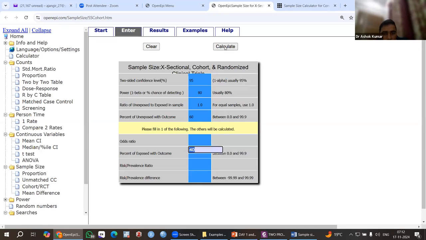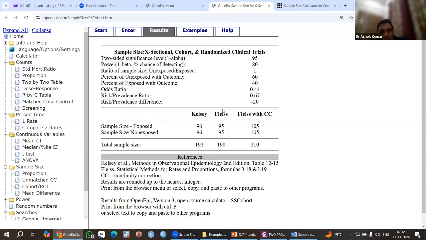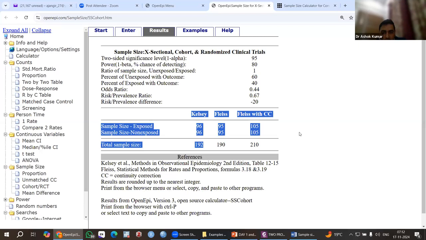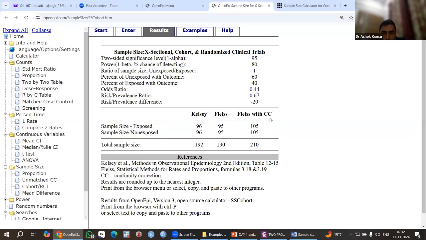Then you calculate here; this is the button for calculation. The result comes, and this is also with continuity correction. Generally, we don't need continuity correction, so it is the one without continuity correction.